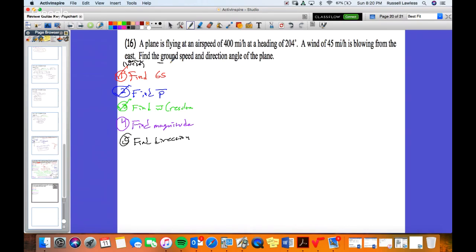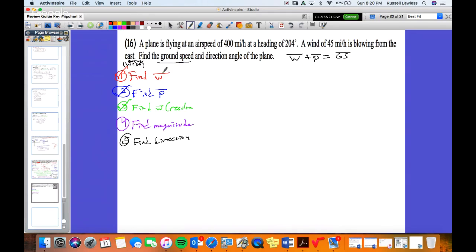If we're looking for the ground speed, that means our problem is wind plus the plane will give us the ground speed. So this is an addition problem. On the test will be an addition problem. And so we want to find the, let's look at the wind. Whoa, I want a different color.